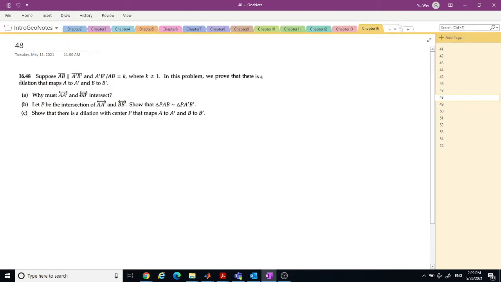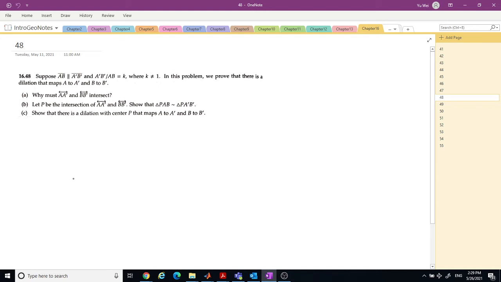So suppose AB and A prime B prime have the same ratio, and they are parallel. So we want to prove the dilation. Okay, so why do AA prime and BB prime intersect? Okay, so let's see.